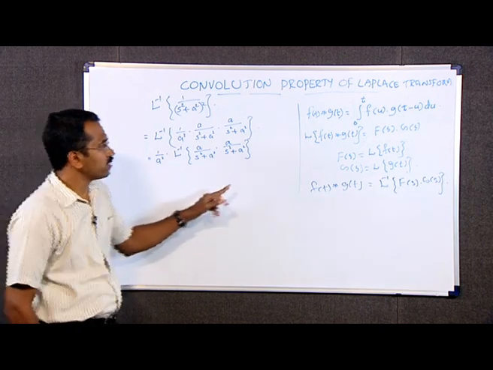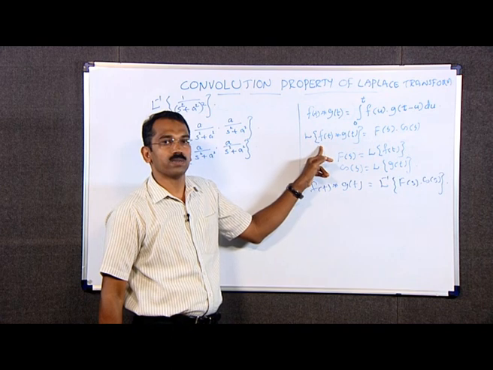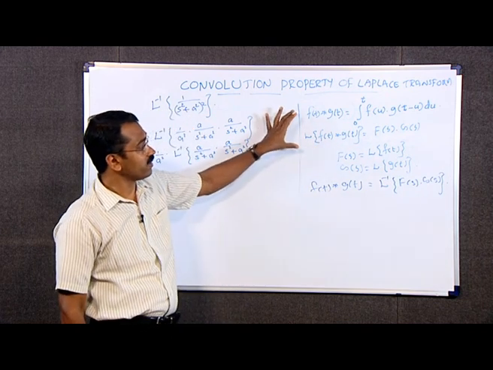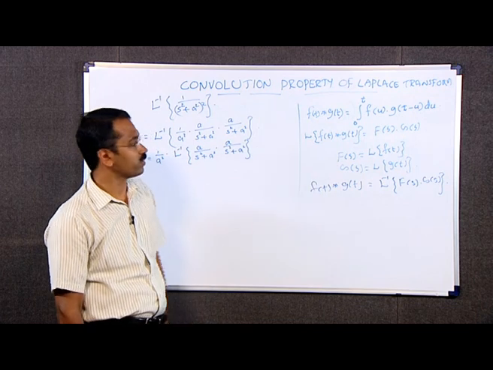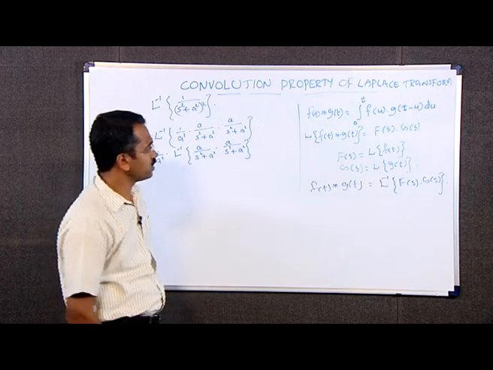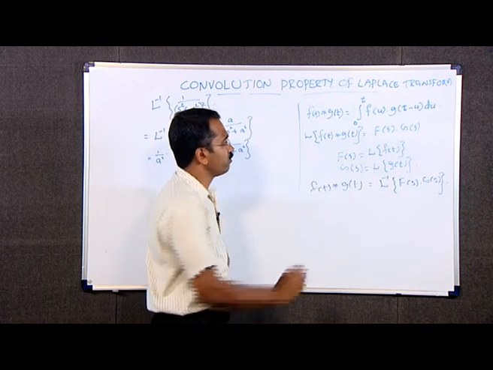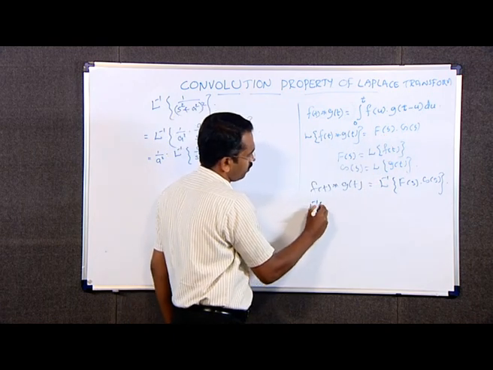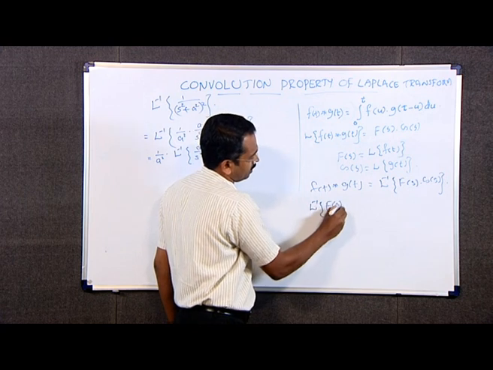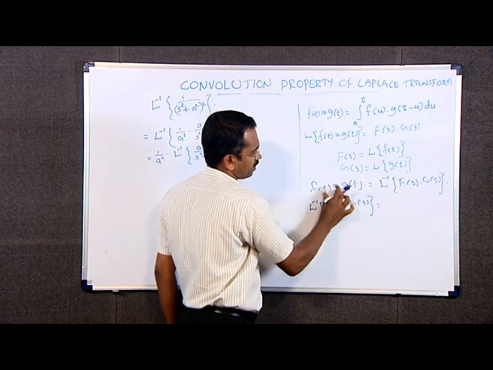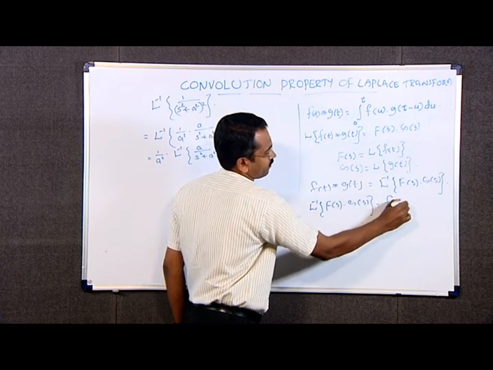Now, consider the inverse of convolution property. We can write from here, L inverse of f of s into g of s, that is f of t star g of t.